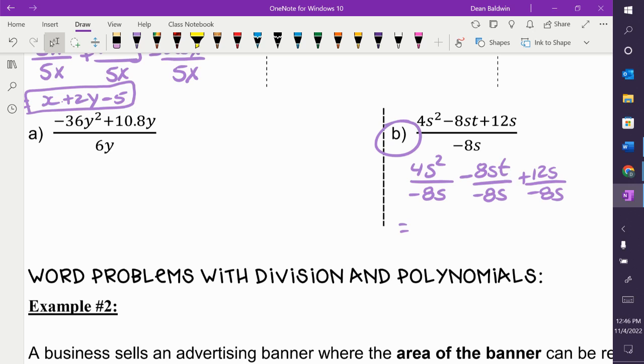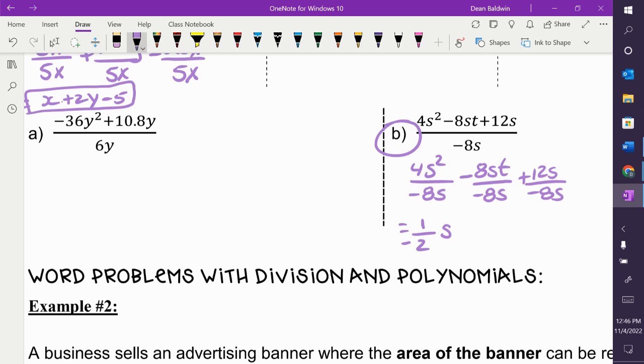Is it a whole number? It's a fraction. So can you reduce what goes into 4 and what goes into 8? 2, or 4 goes into it too, right? So 4 goes into 4 once, 4 goes into 8 twice. And you can put the negative in the bottom or you can put it in the top. It doesn't really matter. Or you can even write 0.5. I would be fine with that. S squared over S becomes just S.